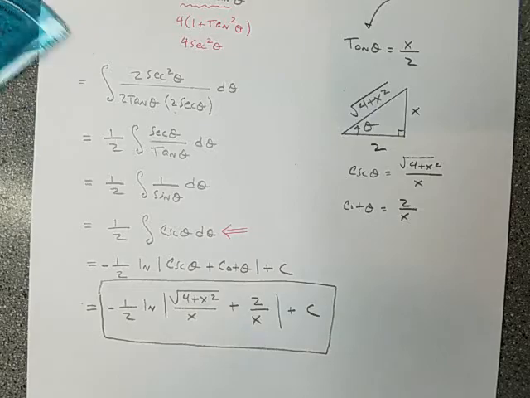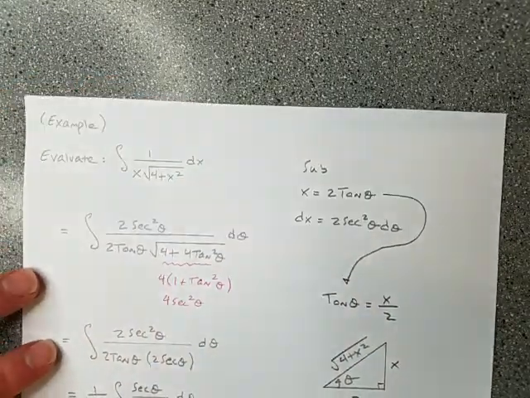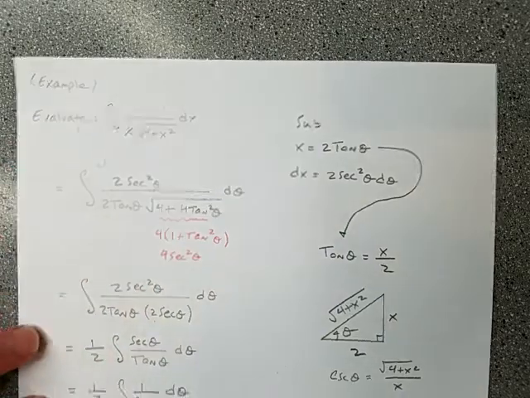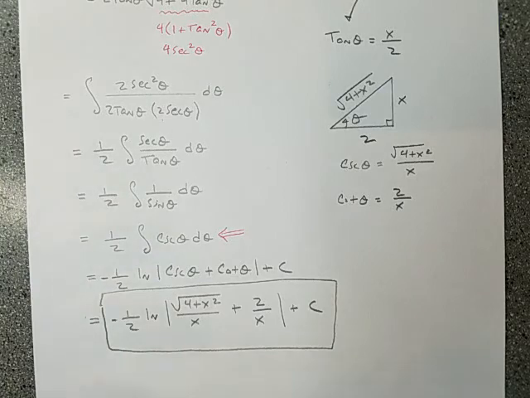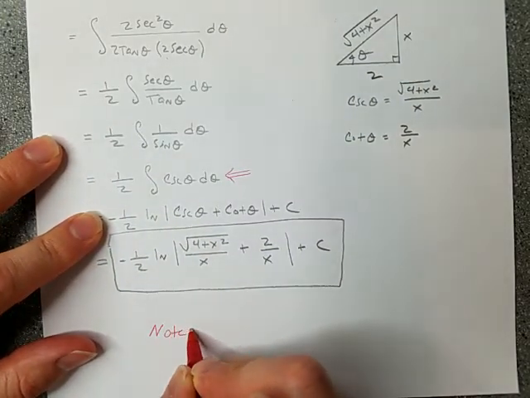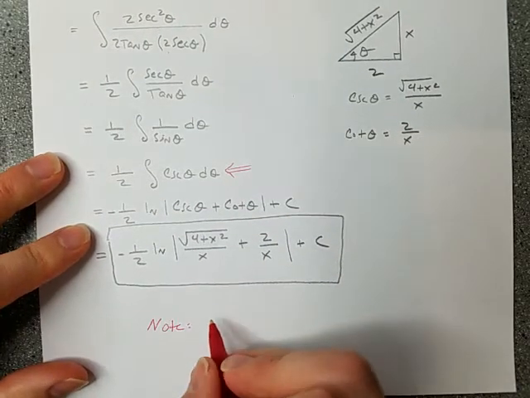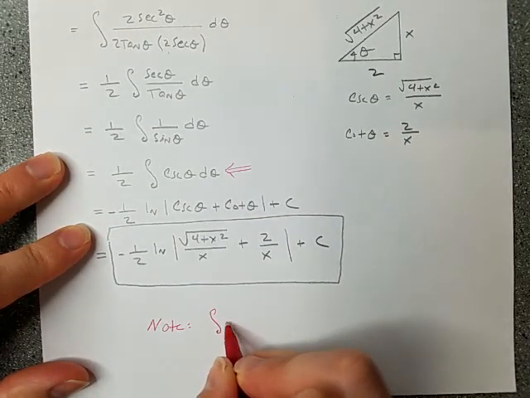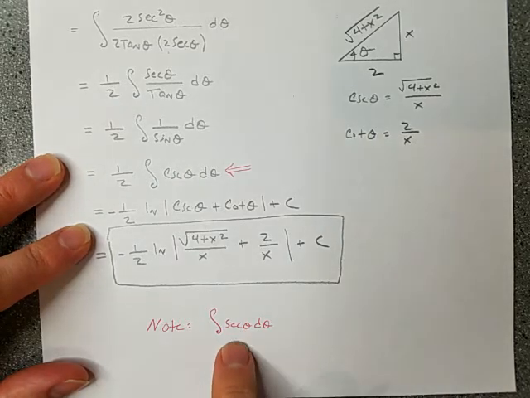So I do this. I use the same kind of substitution, same kinds of identities. This part a little bit different. I show you this one to remind you of that. Also let's put this as a note, just so you don't have to look them up all the time. In another video, I also covered the antiderivative of secant theta. Now that's not involved in this problem.